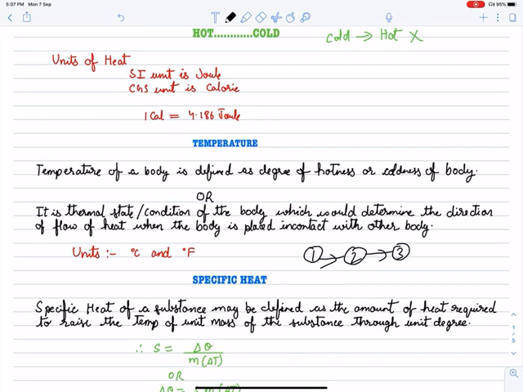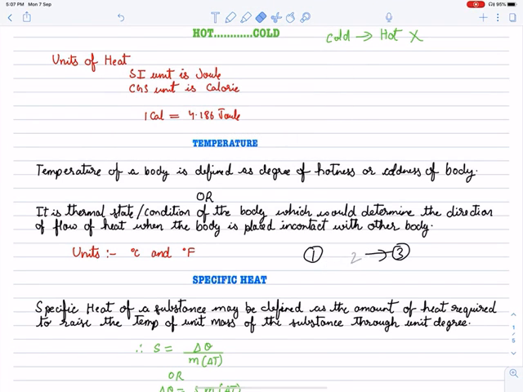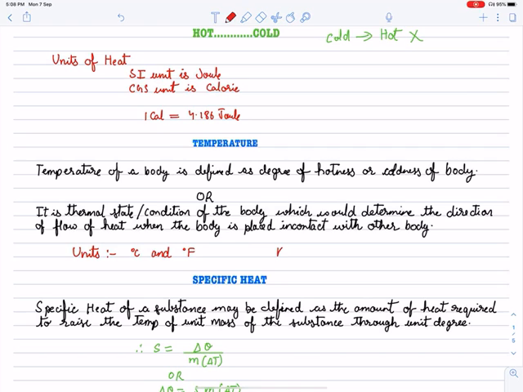It is measured in degree Celsius and degree Fahrenheit, and also Kelvin, which I forgot to write here. Kelvin is the absolute temperature scale.